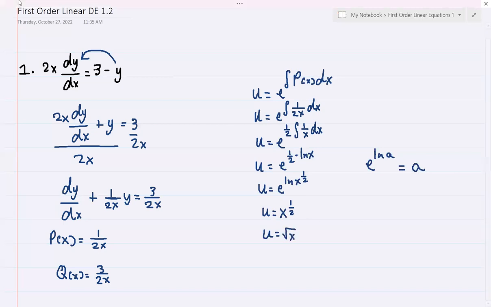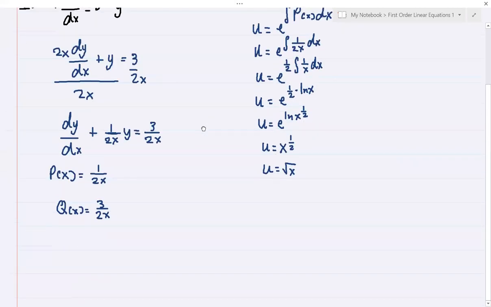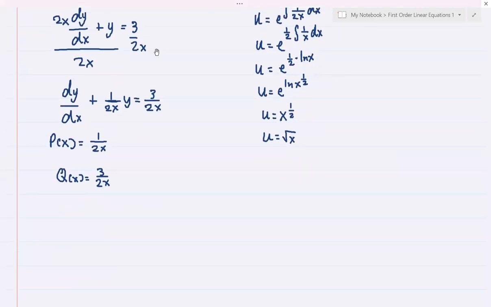So that's it. Now, after that, you can use this formula to find the general solution for your first order linear differential equation, which is u times y is equal to the integral of your u times q of x dx.